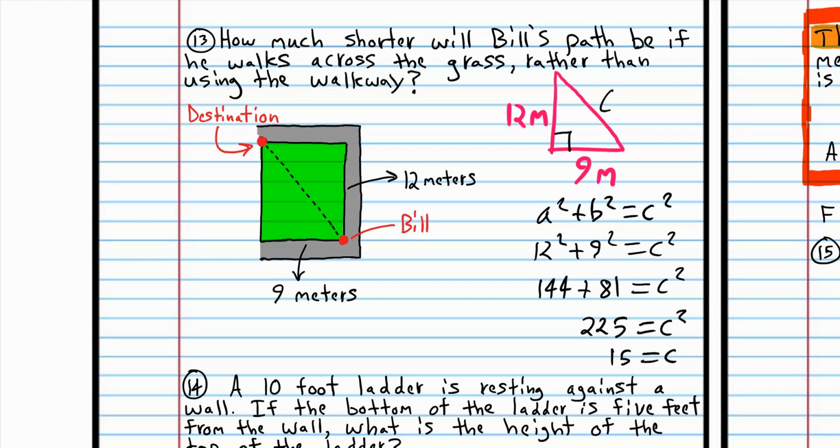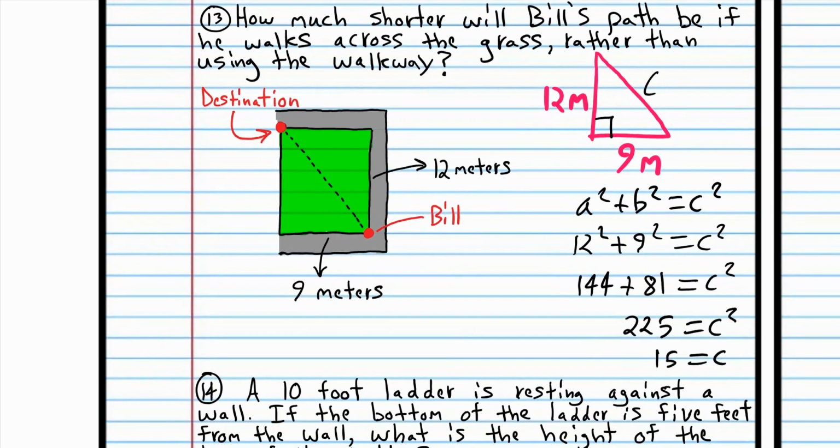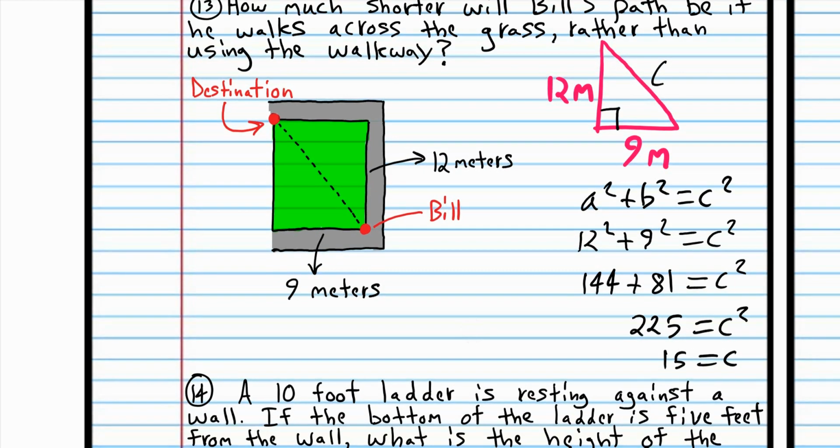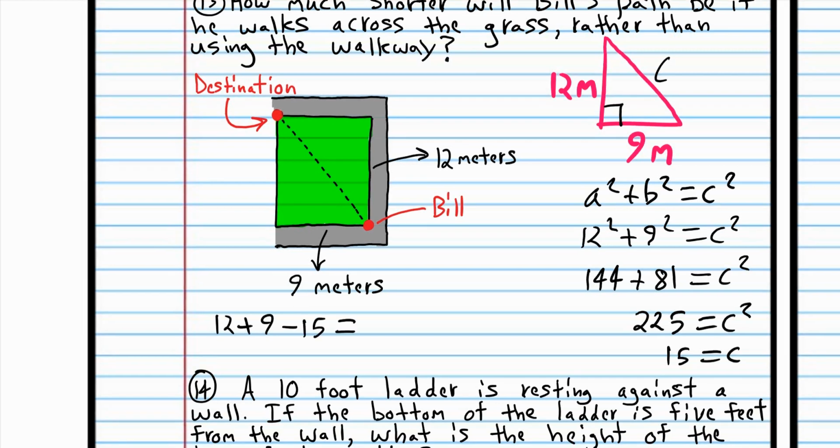So the sidewalk path is 21 meters, and the diagonal path is only 15 meters. So we're going to add those two together, 12 plus 9, and then we're going to subtract 15, and that's going to be how much shorter his path is going to be. So 9 plus 12 is 21. 21 minus 15 is 6. 6 meters. That is the answer.